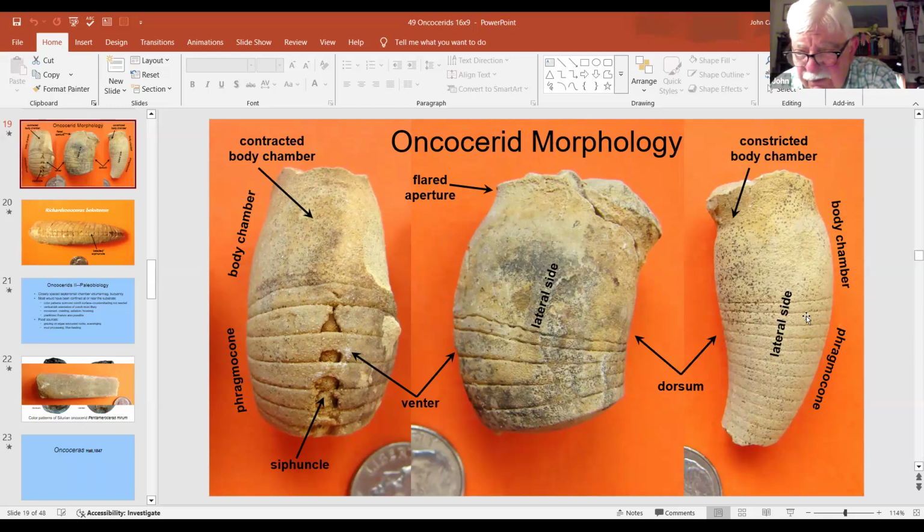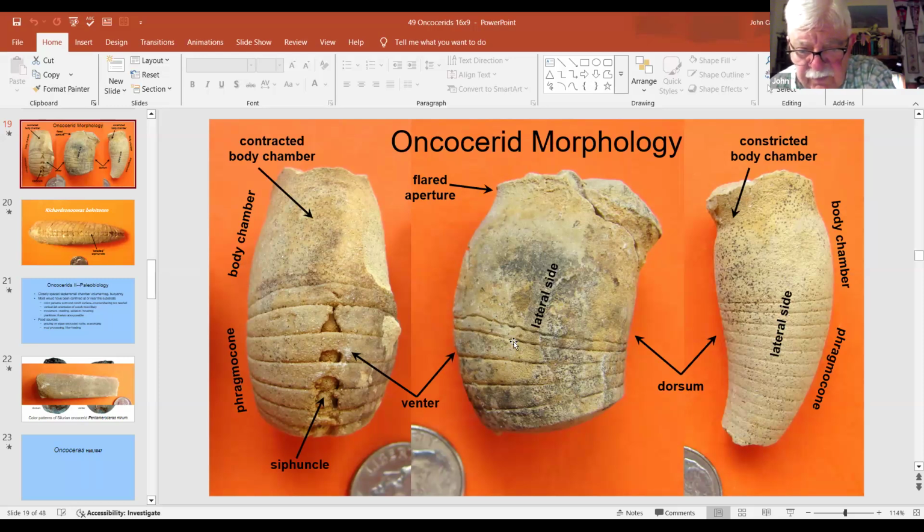Remember, these sutures represent the chamber partitions, solid calcite or aragonite. So there's a lot of weight here, relatively speaking, for the gas to overcome. So they would grow, they would move out, they would secrete a septum like this, and then the siphuncle right here would start removing the fluid.